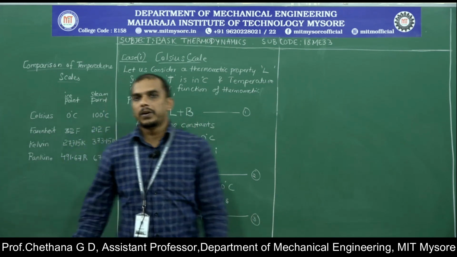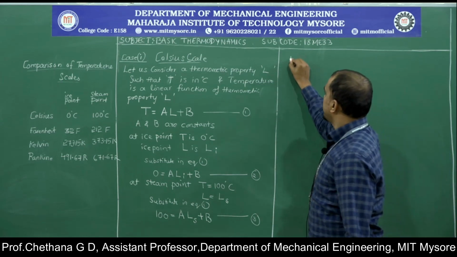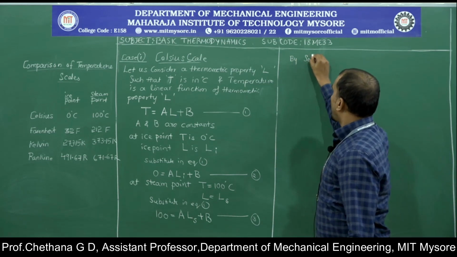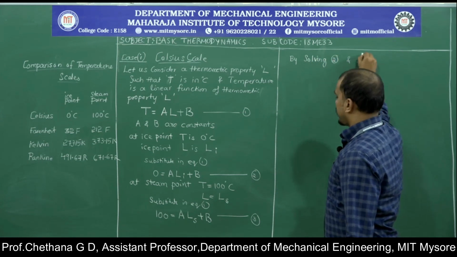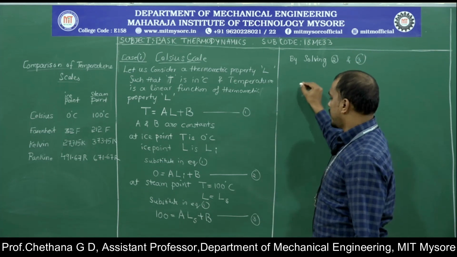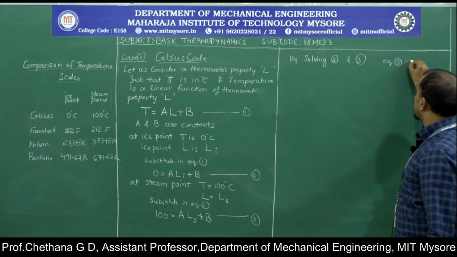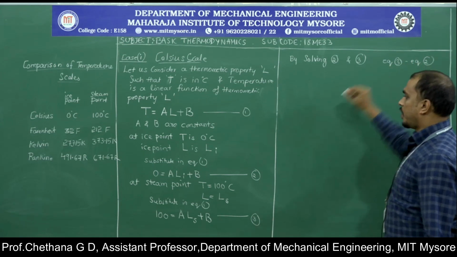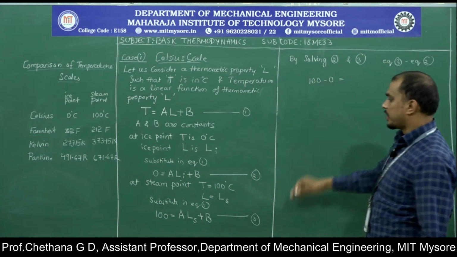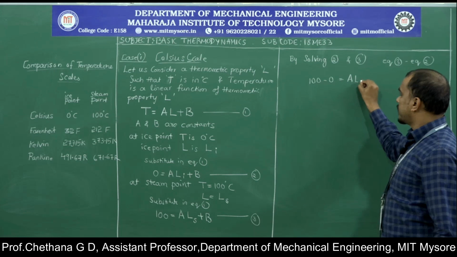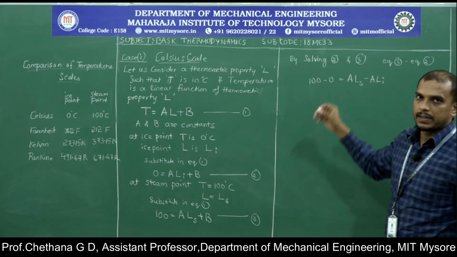Now, you try to find the values of A and B. By solving equation 2 and equation 3, we do equation 3 minus equation 2. On the left-hand side you get 100 minus 0, equal to A Ls minus A Li, so B gets cancelled out.